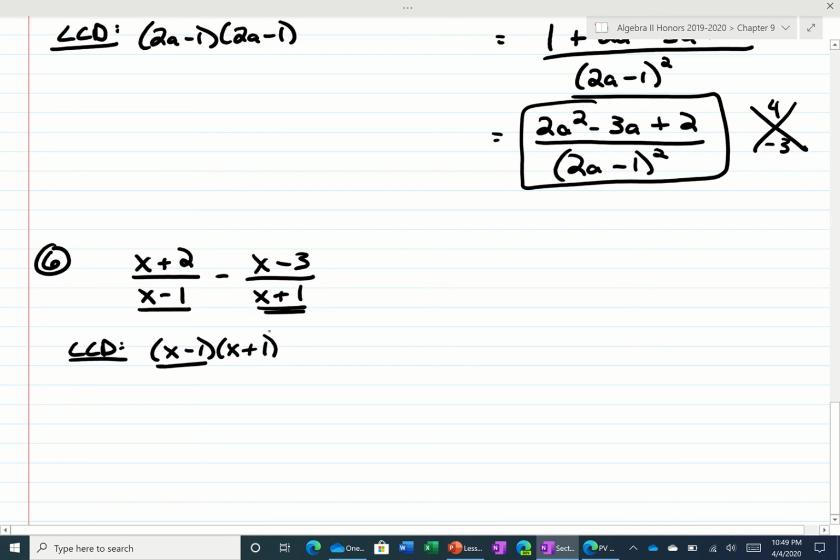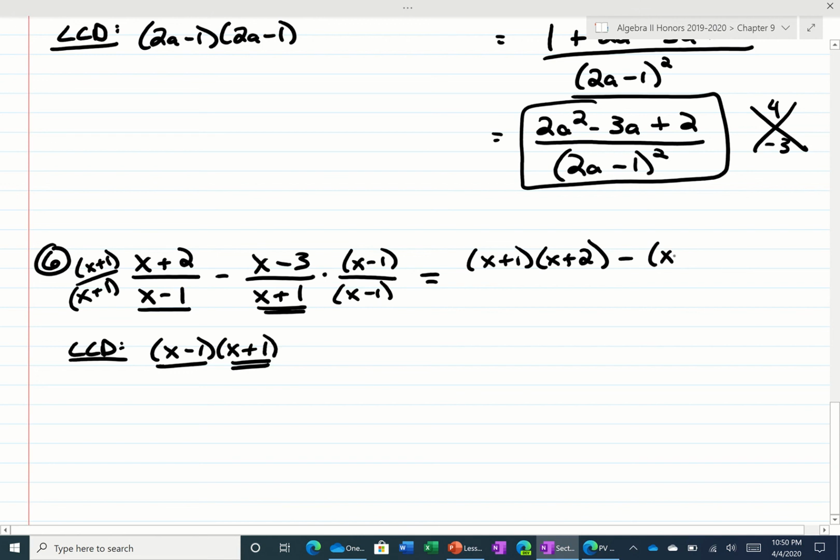We definitely need a factor of x plus 1. So I'm going to multiply by what we're missing: x minus 1 over x minus 1 over here, and we need a factor of x plus 1 over x plus 1. And what this looks like is x plus 1 times x plus 2 minus parentheses x minus 3 times x minus 1 all over x minus 1 times x plus 1.